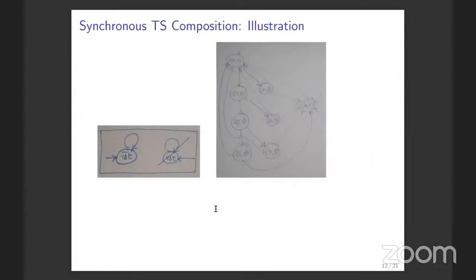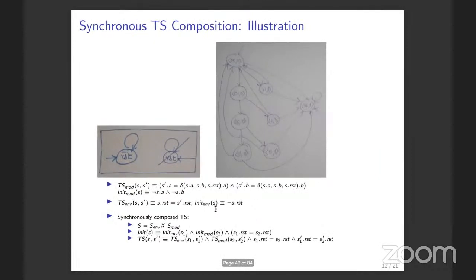So for this system, your combined synchronously composed transition system's state will be a cross product of these two things, and your initial state will be whatever the initial state of the environment is and whatever the initial state of the mod counter is. And with the additional thing, I had included reset here as well as there, and you have to assume that those two resets are equal.